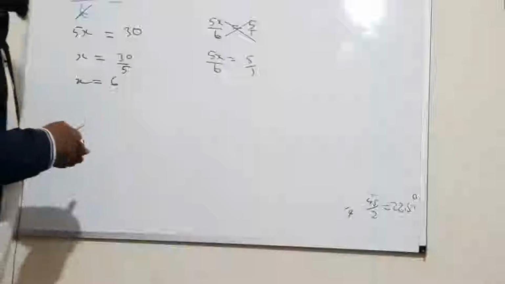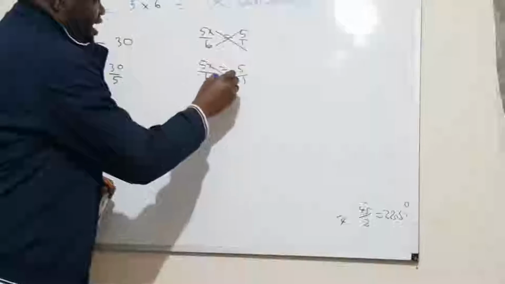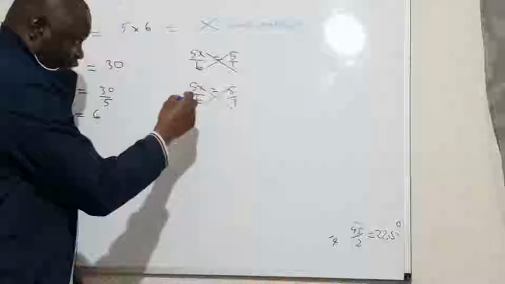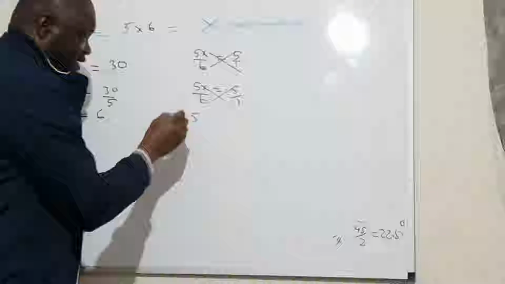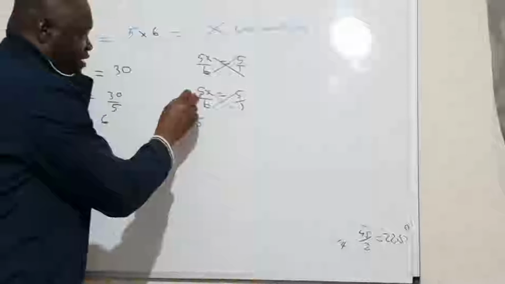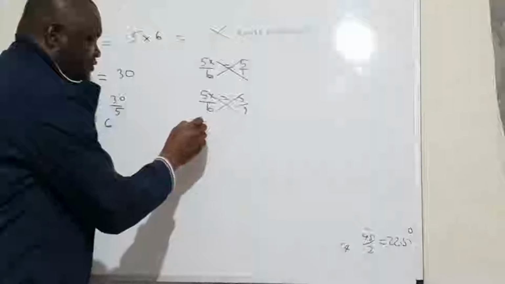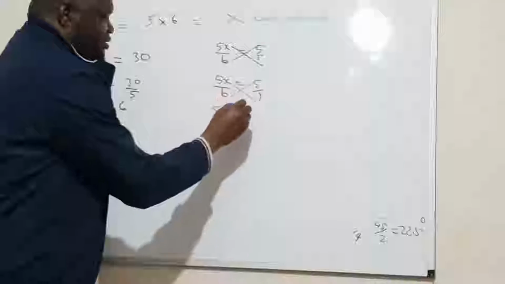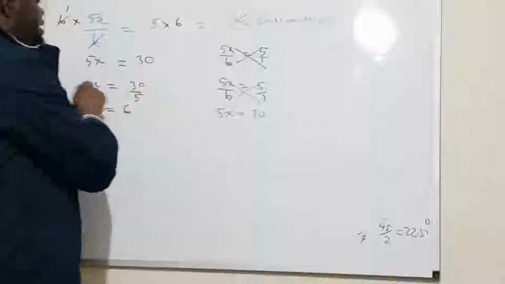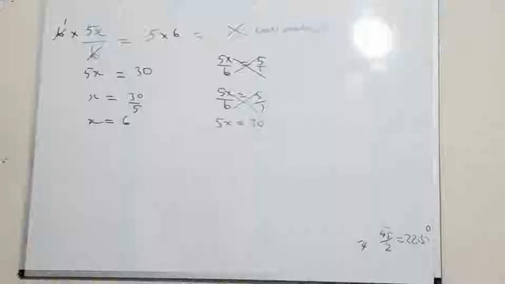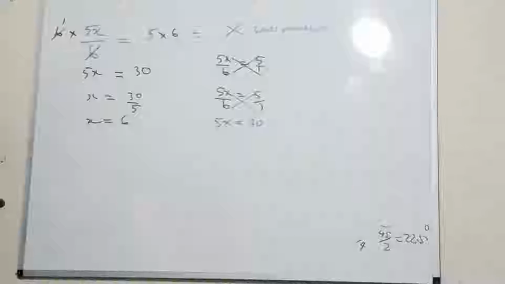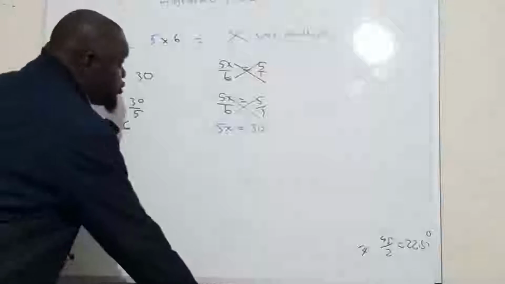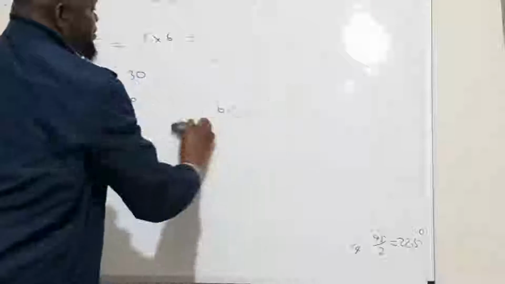So you cross multiply, making sure that your 5x remains on the left-hand side. 5x times 1 is 5x, and you have the equals sign. 6 times 5 is equal to 30. Did we not come to the same thing here? Yes. But you make sure that you have the equal sign in the middle between the two fractions.